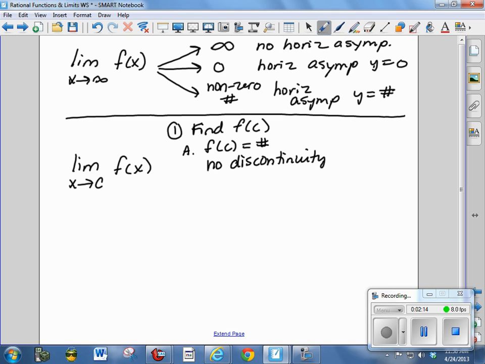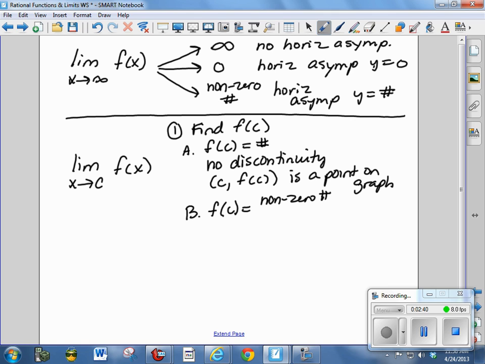f of c is a point on the graph. B, if you plug in and get a non-zero number divided by 0, that tells me I have an infinite discontinuity.